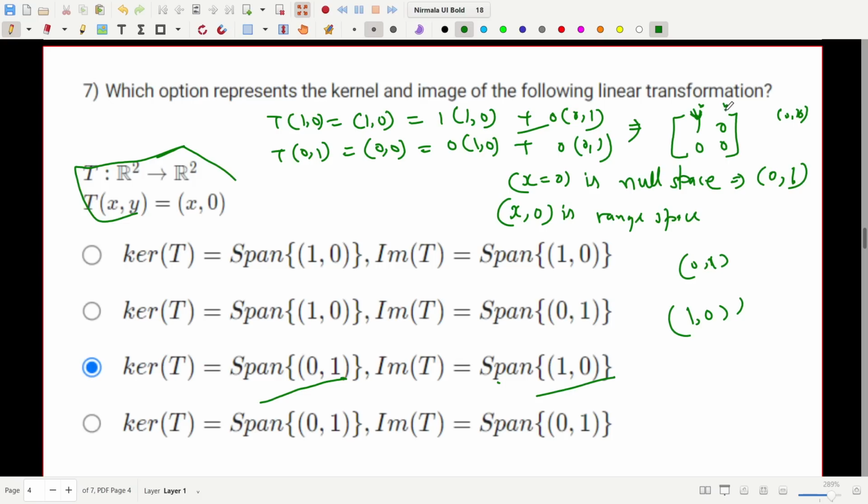So for the null space, y is free and x is 0, so x and y equal (0, 0) only when y is 0. So x will be 0 and y is an independent variable, it can be any value. So (0, 1) will be the kernel.